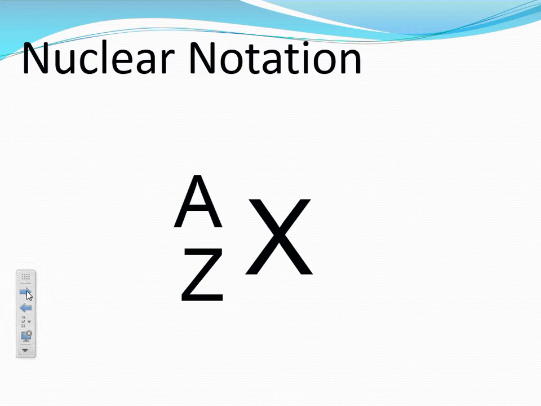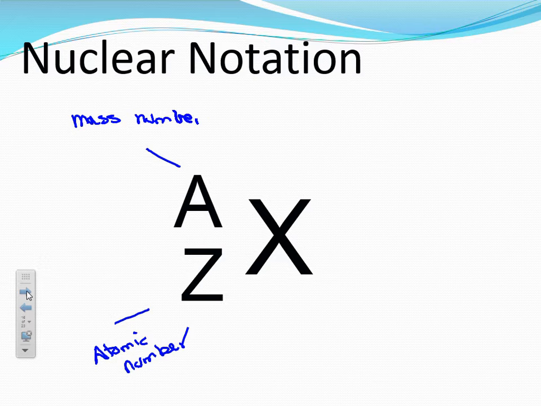You've been using this with your isotope activity. Z is your atomic number. A is your mass number. And X is your chemical symbol. And you get that from the periodic table once you know the atomic number.